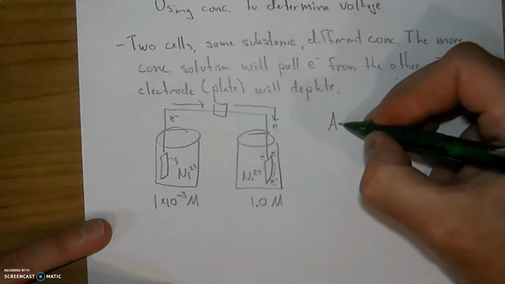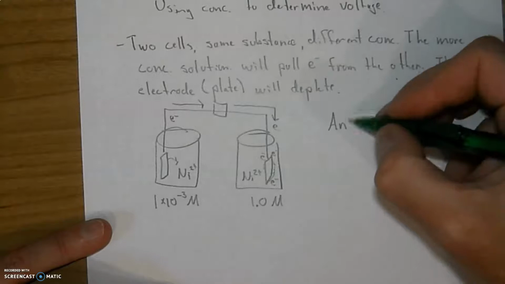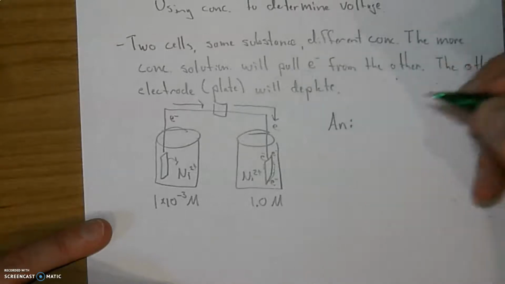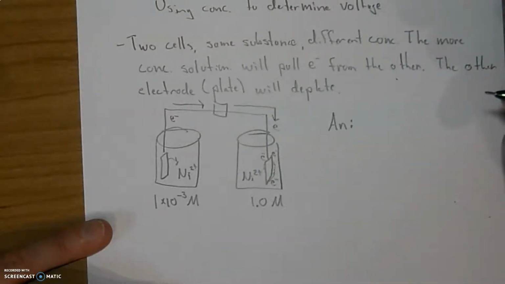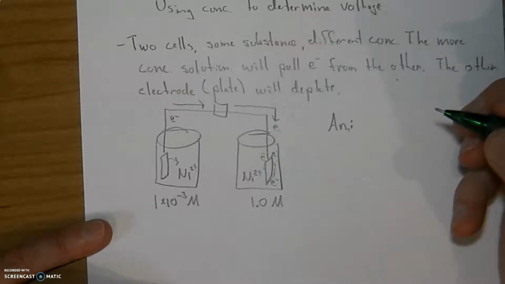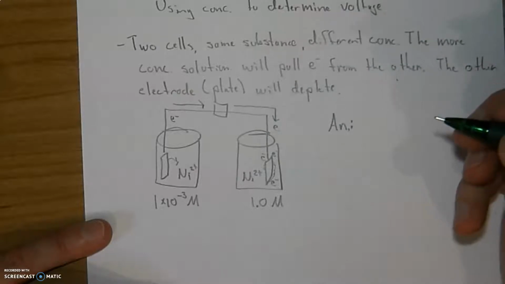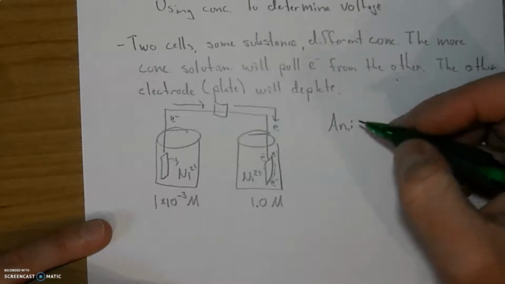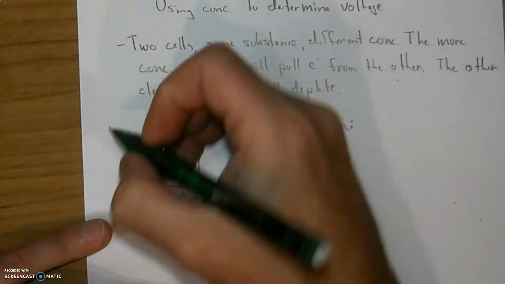So let's talk about what's happening where. At the anode, and again, as far as identifying which is which, anode happens at the location where you're having oxidation. And oxidation means you're losing electrons. So it looks like losing electrons here.